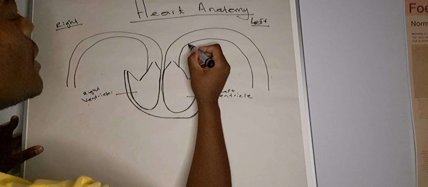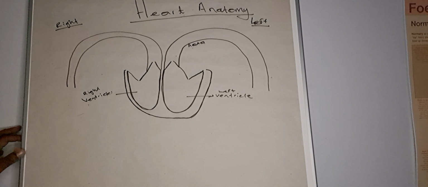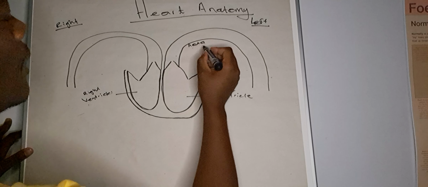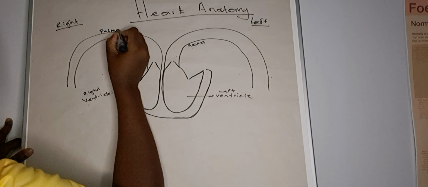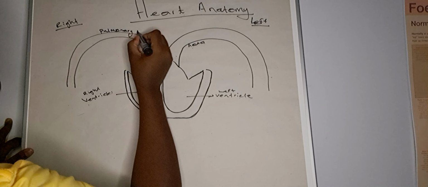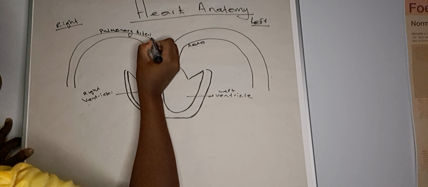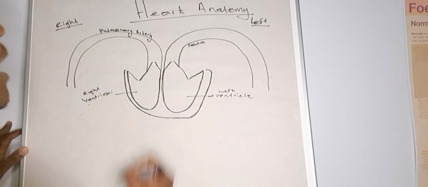This is the aorta. This is our aorta. This is our pulmonary artery. This one is our aorta. There is an R there.